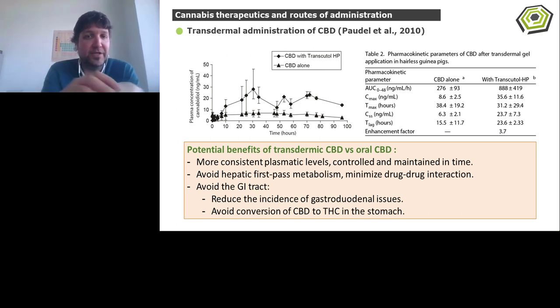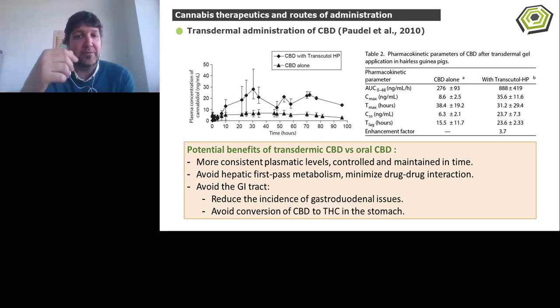And using a series of excipients, they succeeded at getting CBD into the blood of these animals. I don't recall if they were guinea pigs, hairless guinea pigs.